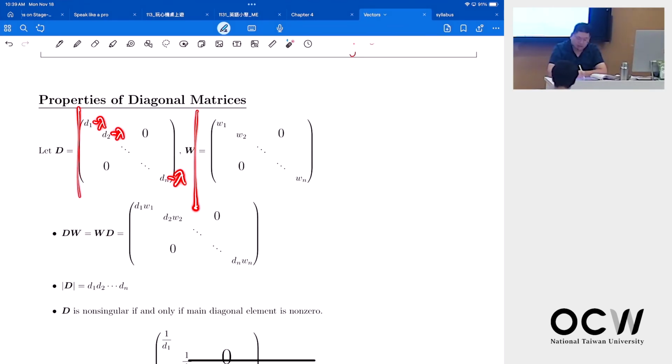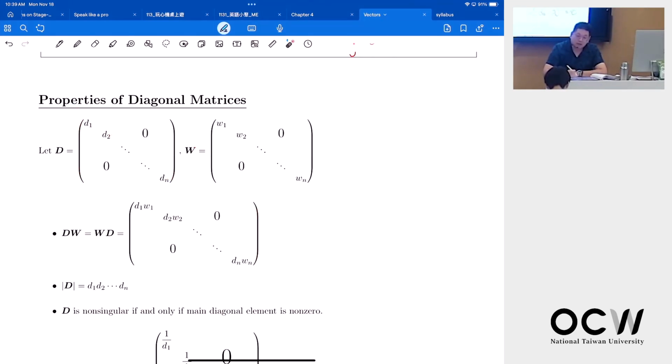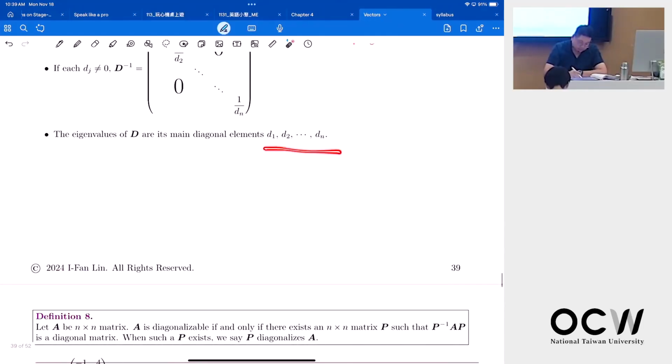When you take the determinant, what do you have? D1 minus lambda, D2 minus lambda times Dn minus lambda, that should be 0. Then your lambda should be D1, D2 to Dn. Okay?